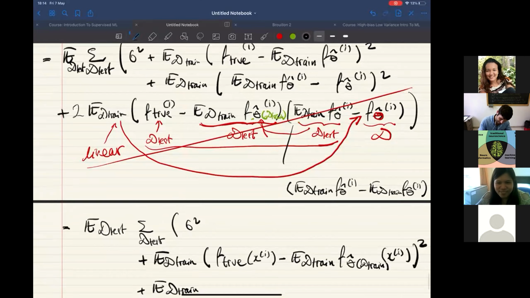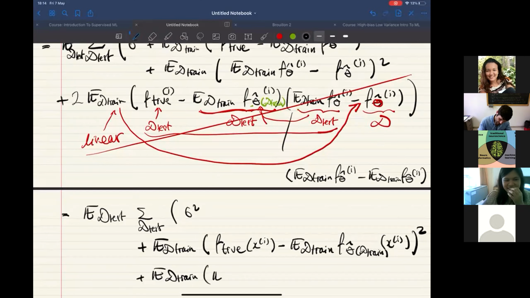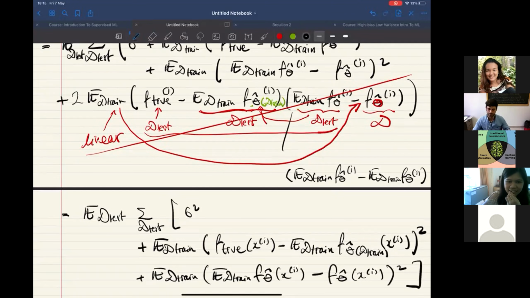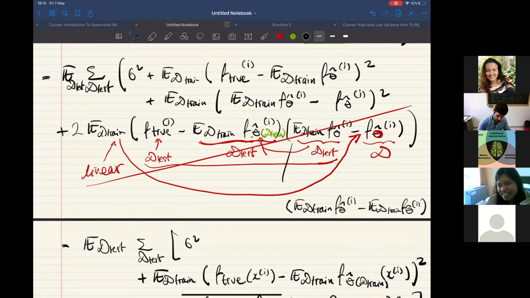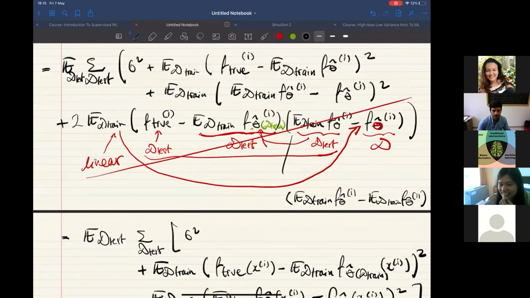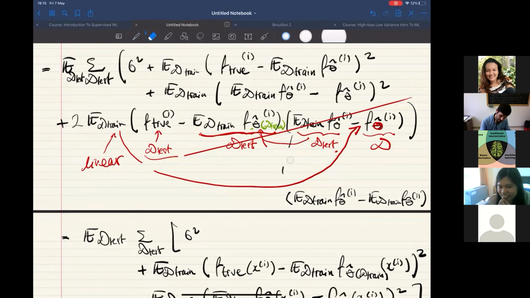Perfect. Can I ask something? Yes, yes. In the part where you said that it's the expectation over the train of f of theta, you said it's a function of the test, but then in the black ink it became expectation over the train of f of theta.